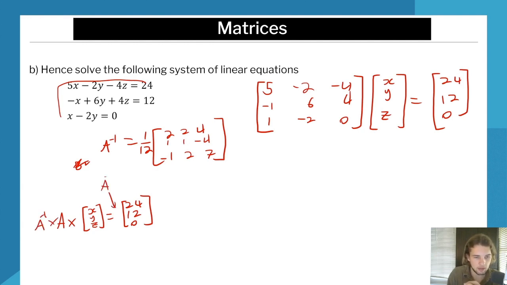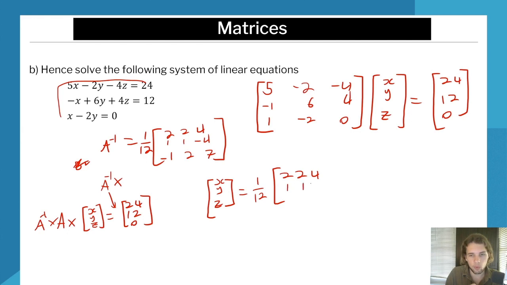So then we get x, y, z on its own. So that would be x, y, z is equal to the inverse, which is 1 over 12, 2, 2, 4, 1, 1, minus 4, minus 1, 2, 7, all multiplied by what we had on this side. So that's 24, 12, 0. So comfortably we can look at this and we can see that this is 2 and this is 1.